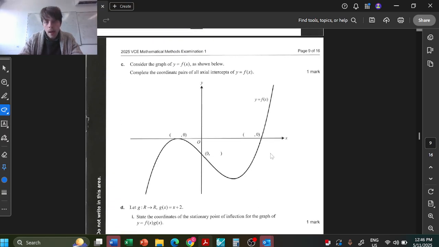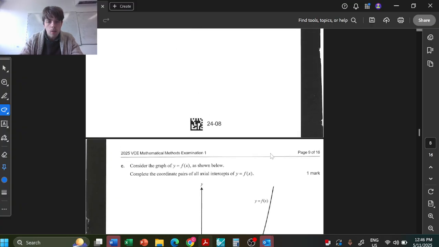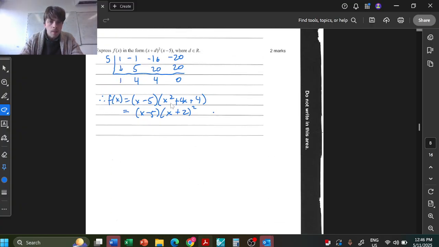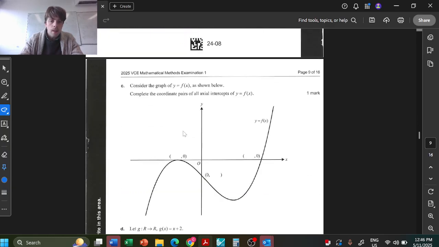All right, moving on to the next question. Now that we have our function, this should be pretty straightforward. So let's write out the equation again: f(x) is equal to (x minus 5)(x plus 2) squared. We have our linear factor of 5 over here, and we have our touch and turn factor of -2, so that goes here.